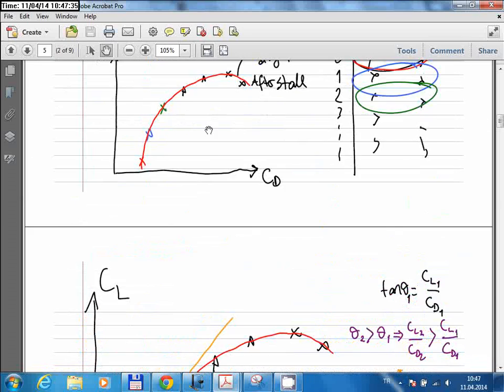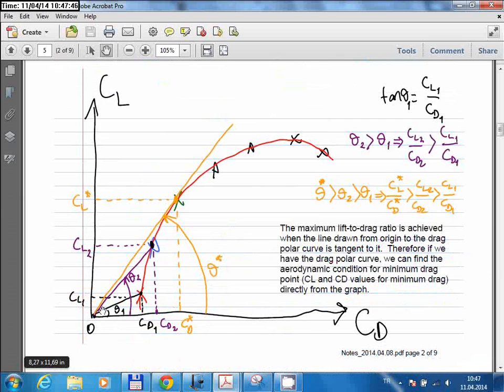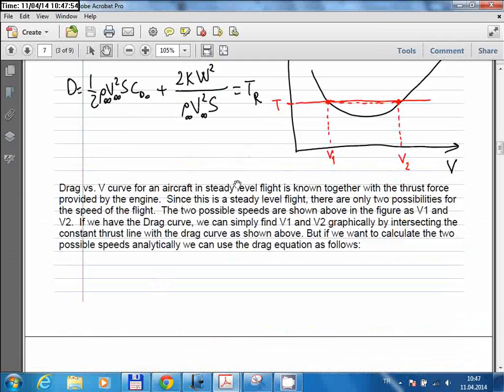And then I told you that if you have the drag polar data obtained experimentally, then you can find this ratio graphically by simply drawing a straight line from the origin that is tangent to this curve, and the point where they meet gives you the maximum lift to drag ratio point.